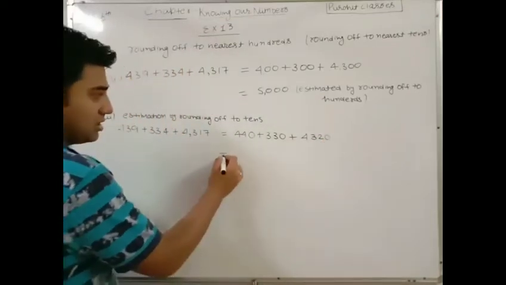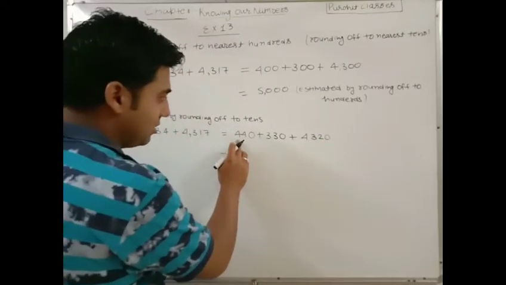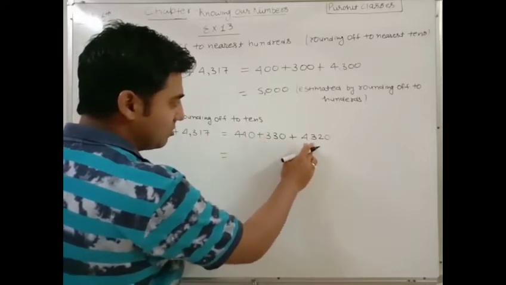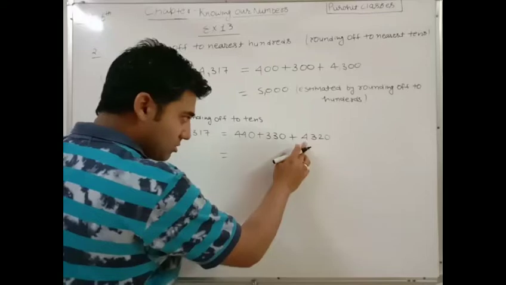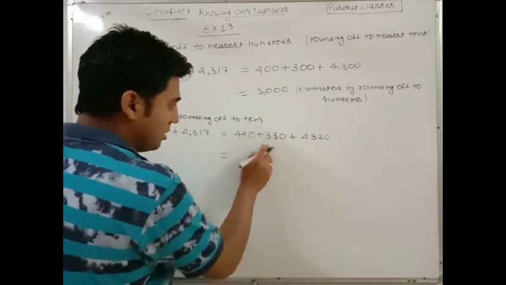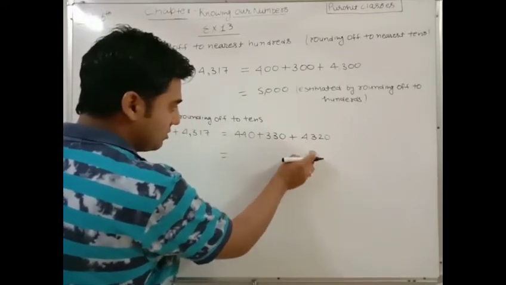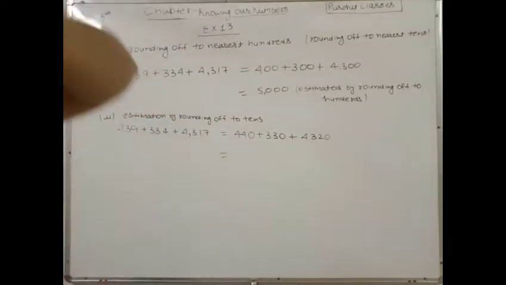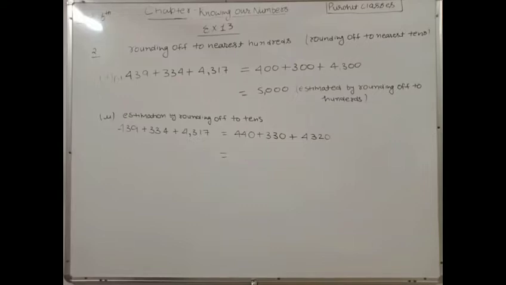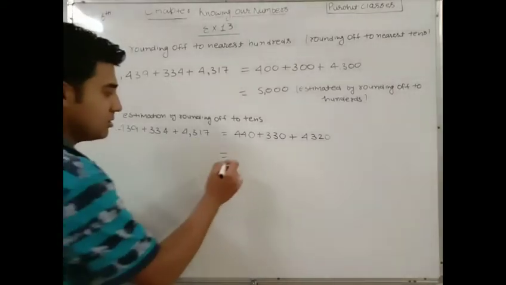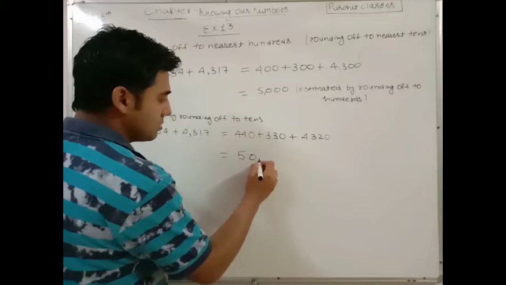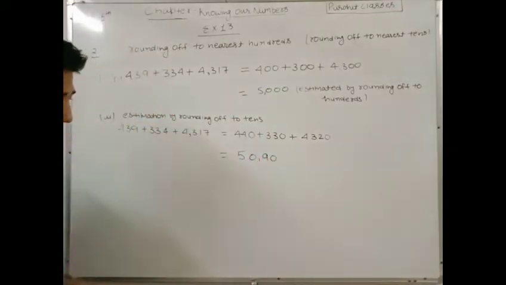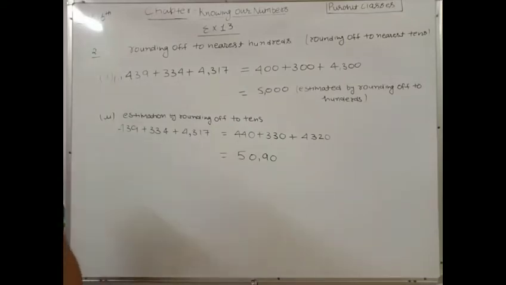Okay, now let us find the sum. 400 plus 300 will become 700, and 700 plus 300 will become 1000, and 1000 plus 4000 will become 5000, and this is 30 and 20 and 40. So what should be our answer? It is going to be 5090, isn't it? Okay, so pause the video and note it down.